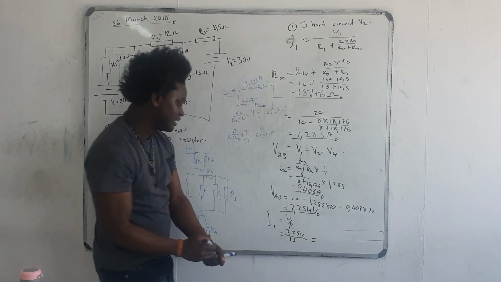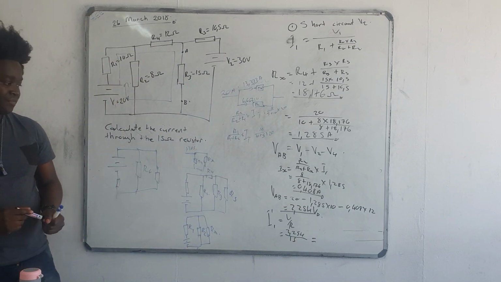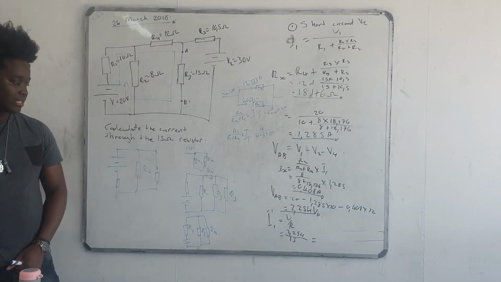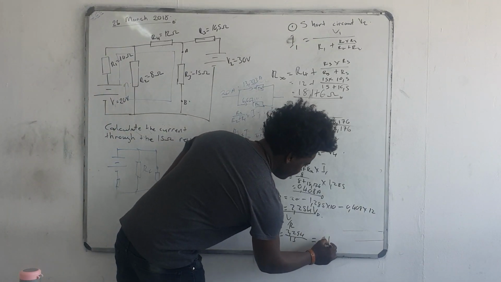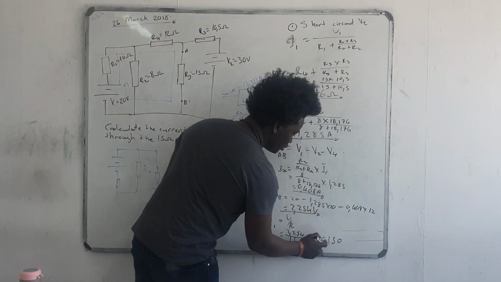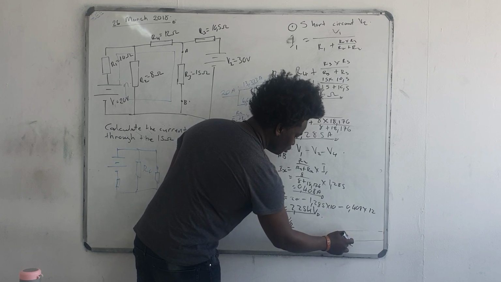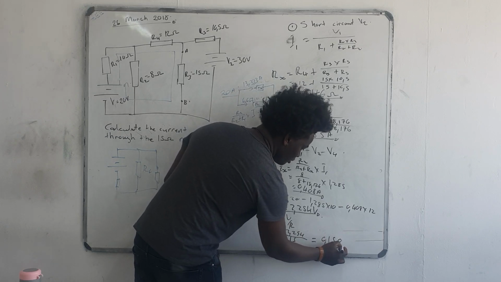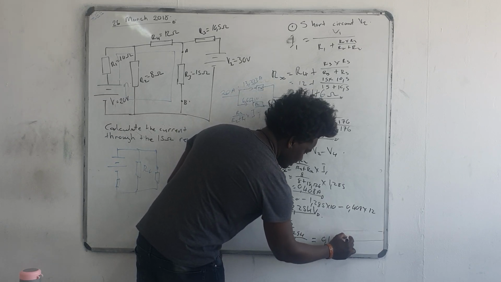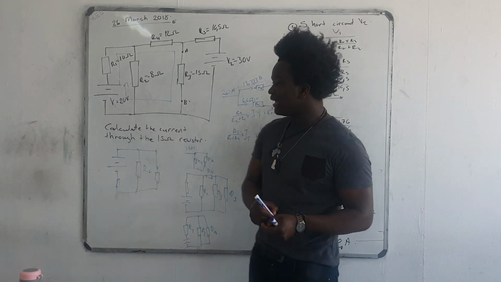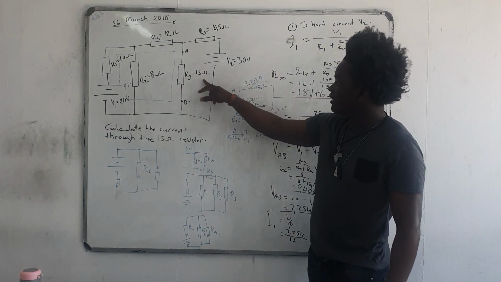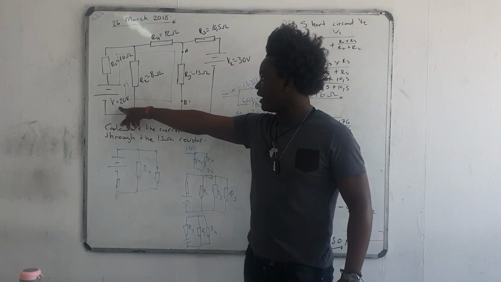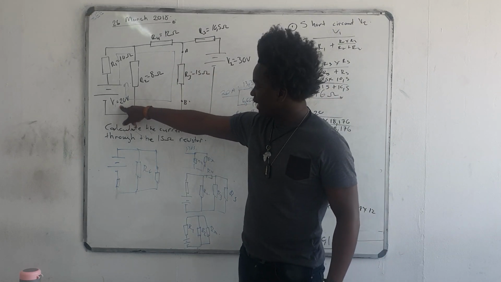What do you get? 2.254 divided by 15 becomes 0.15026, so we can leave it at 0.15 amps. This is the current flowing through the R3 resistor that is being supplied by the 20 volt battery.